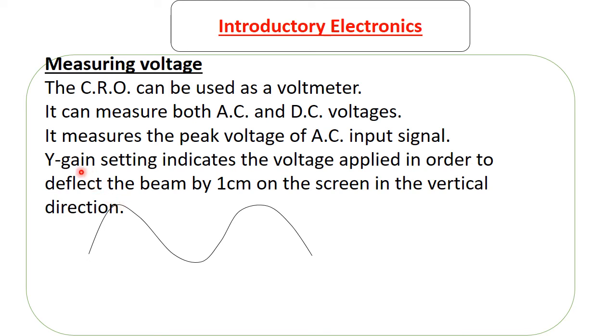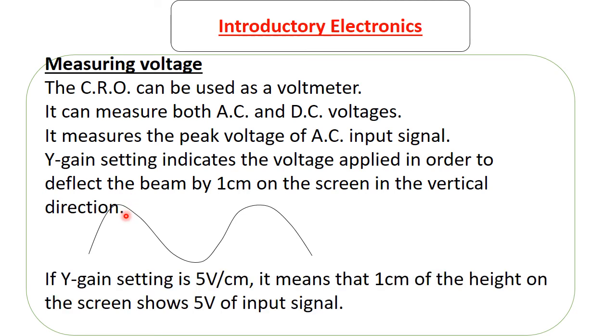Now there is a tuner which can be adjusted. The Y gain setting will indicate the voltage that needs to be applied in order to deflect the beam by 1 centimeter on the screen in the vertical direction. This might be difficult to imagine if you haven't seen an actual C.R.O., but you're going to see it in an example.